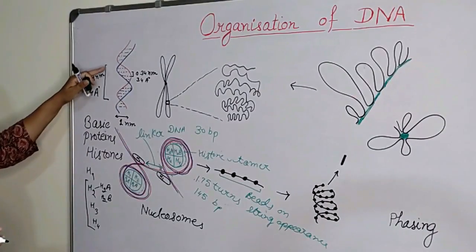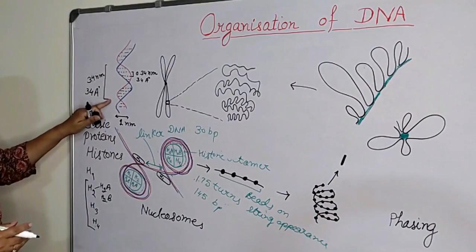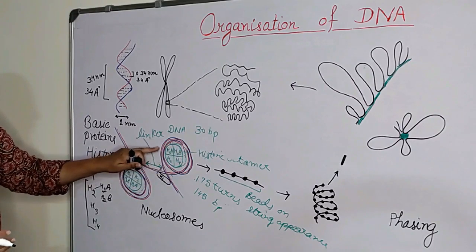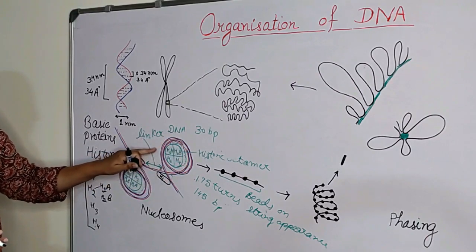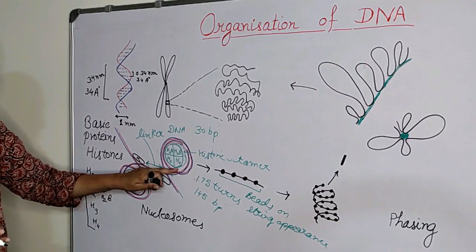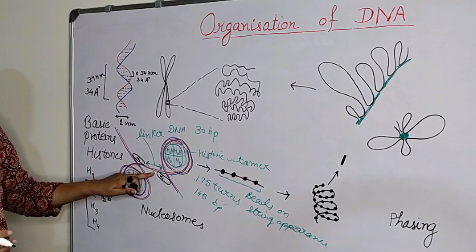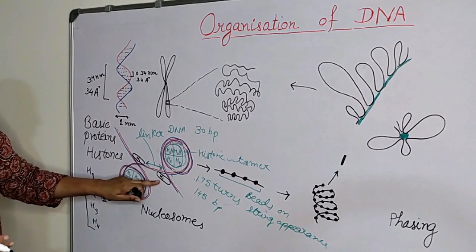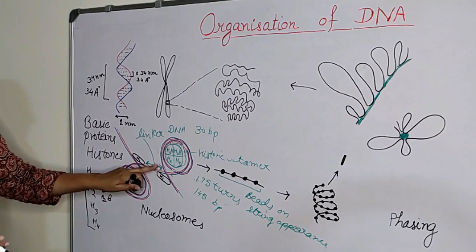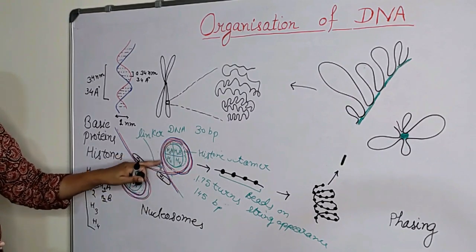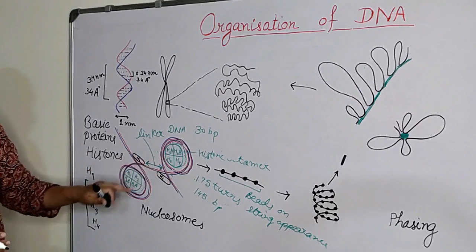So first we had the DNA double helical structure, then this DNA double helix gets wound in a left-handed manner around the histone proteins to form the nucleosomes. These nucleosomes are attached to each other with the help of linker DNA, and the histone 1 protein binds the entry point and the exit point of the DNA double helix around the histone core proteins.